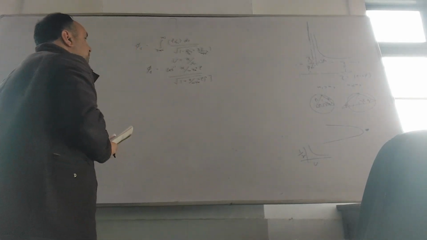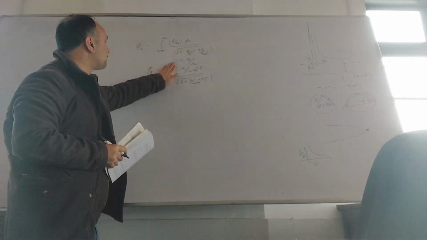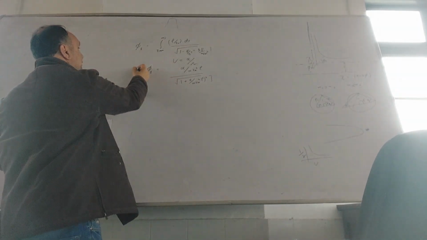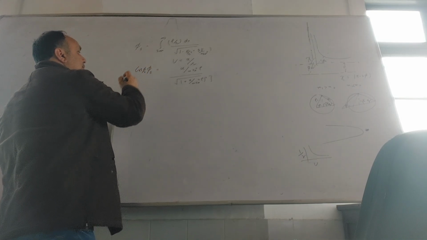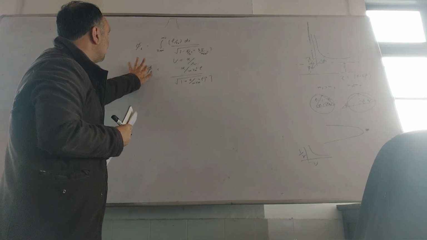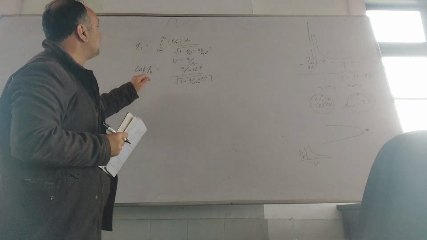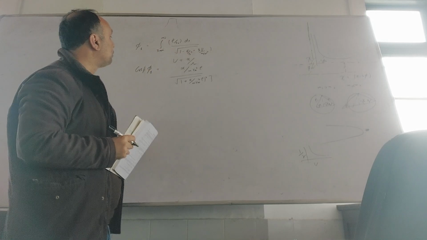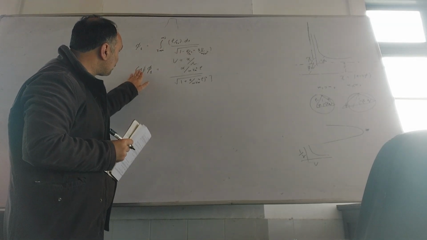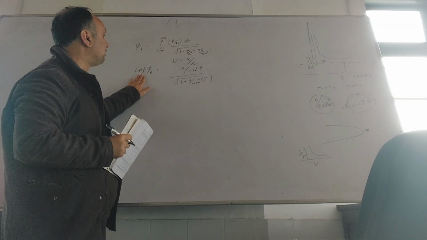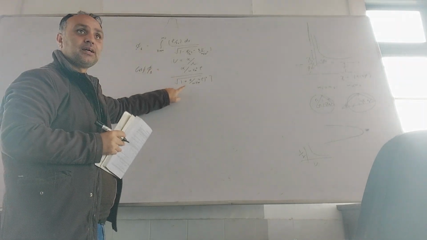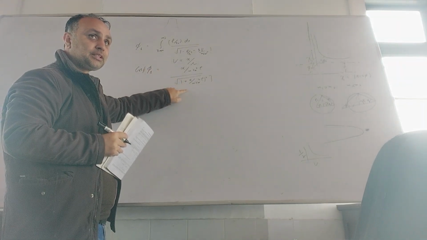Now how does it come? It's basically cos of phi naught. Once you substitute it here, you write it in terms of cos defined as base over hypotenuse, okay?